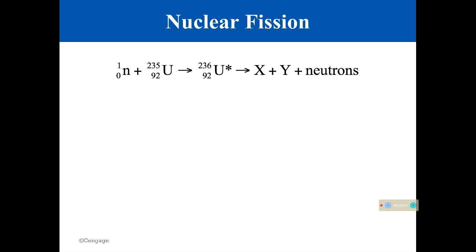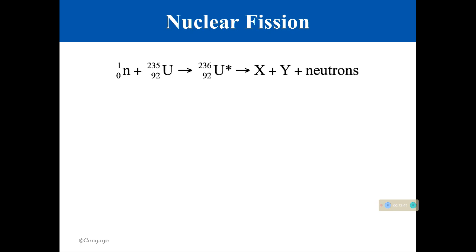Specifically, this can actually happen with multiple elements, but we're going to focus on uranium. Uranium-235 is your big one, and what you do is you bombard uranium-235 with neutrons. If one neutron hits a uranium-235, as you'll see in this equation, we step up to uranium-236. That little star right next to it means it is unstable, and naturally it will break apart into daughter cells.